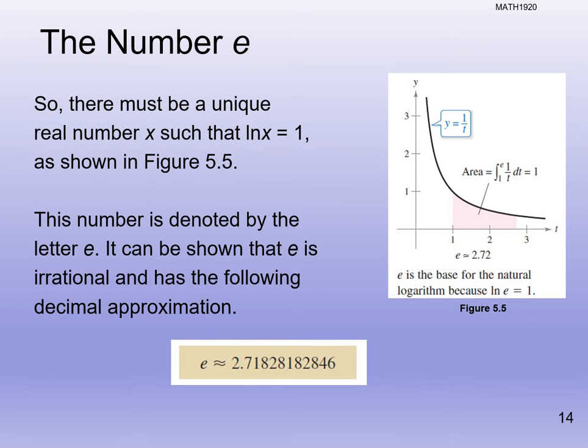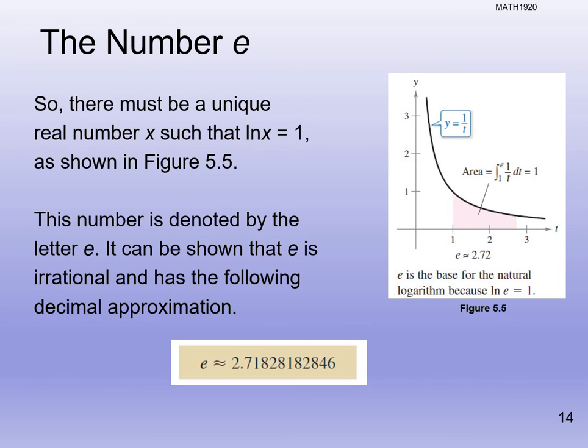And where e comes from is really the area under the curve from 1 to e of 1 over t dt. It's where that area equals 1. Remember that area from 1 to e of 1 over t dt equals 1. Well, that's the natural log of x. It equals that equation, from the definition on the first slide.